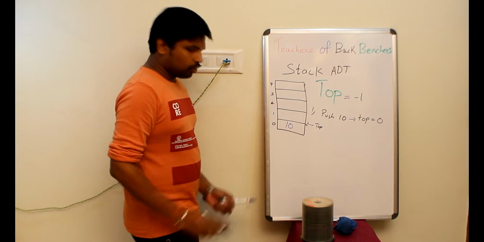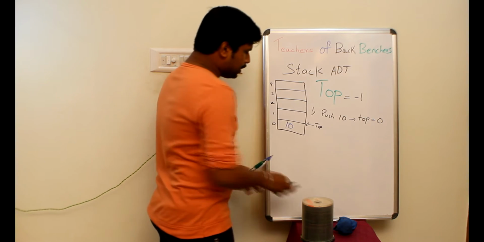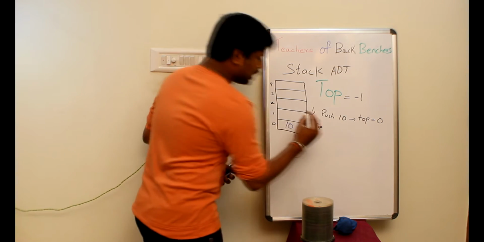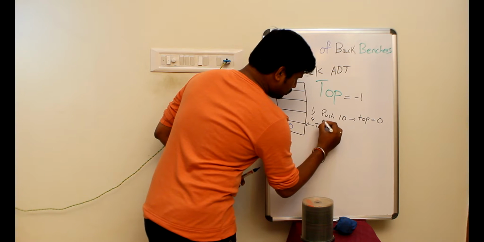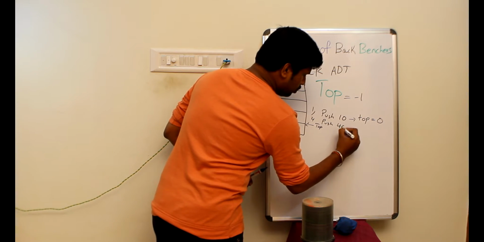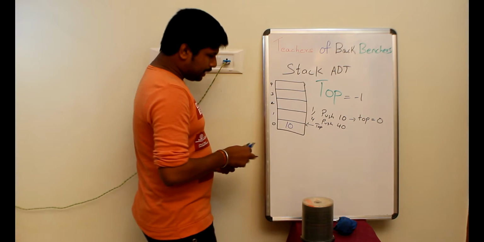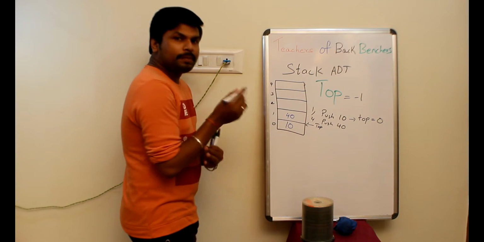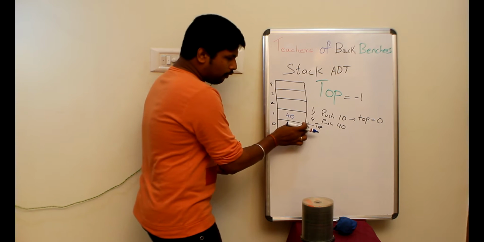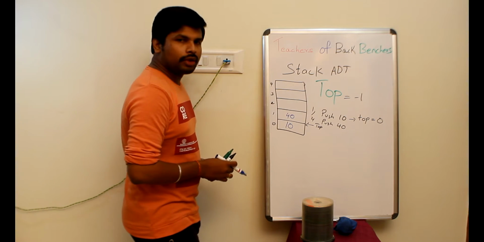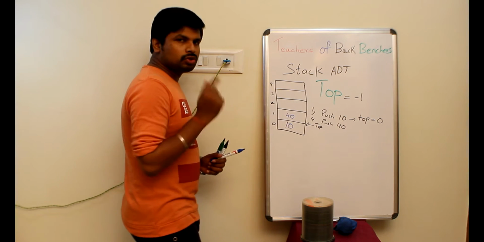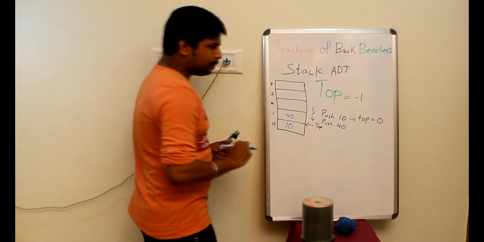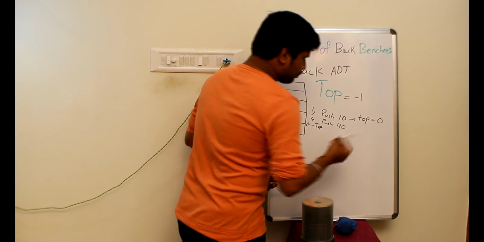Now the next condition is we are going to insert another value, push 40. So we are inserting the second value, 40. Again top is equal to top plus 1, the value of top gets increased. So 0 plus 1, top is equal to 1.